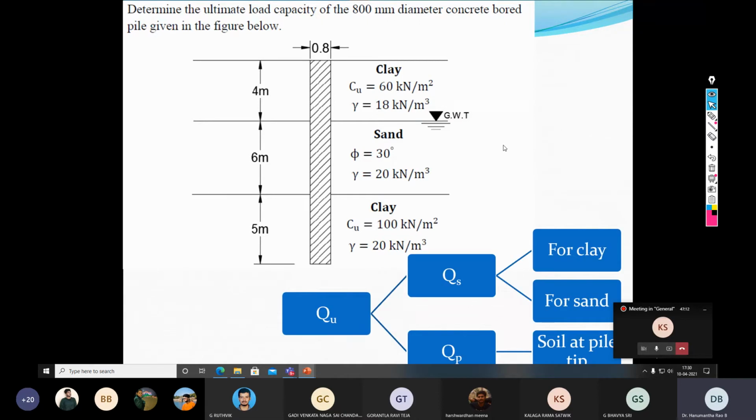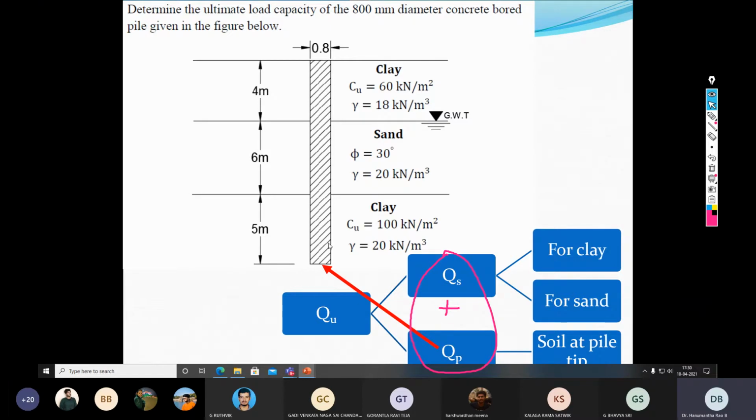Now based on our previous class discussions, the ultimate bearing capacity of the pile, QU, is nothing but the summation of QS plus QP. The pile tip is resting on the clay, so the end bearing capacity is calculated based on the clay soil properties, that is, the soil at the pile tip.